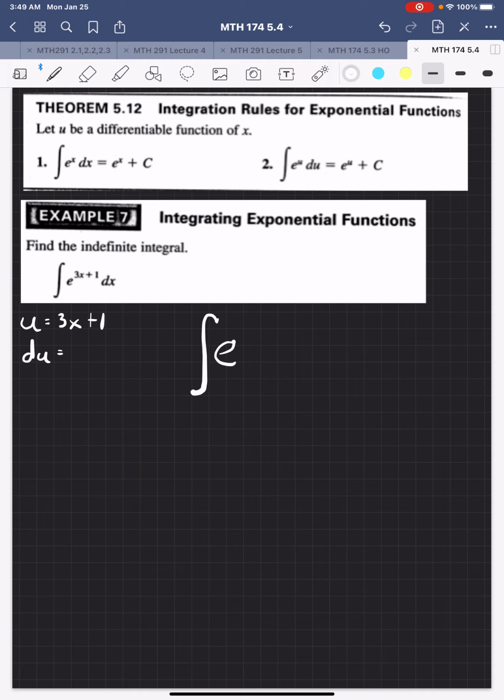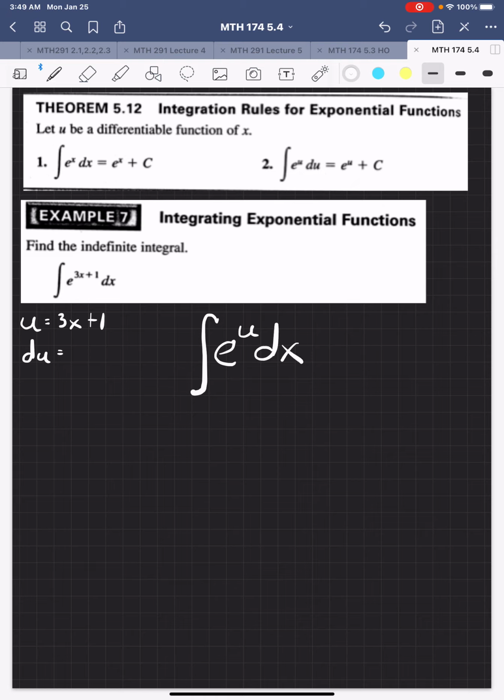As soon as you have defined u to equal 3x plus 1, that means anywhere you see a 3x plus 1, you can now insert a u. So let's rewrite this problem. And now instead of being e to the 3x plus 1, it's just going to be e to the u.